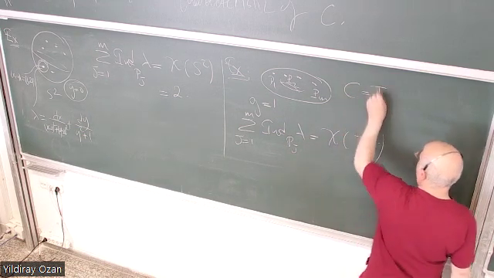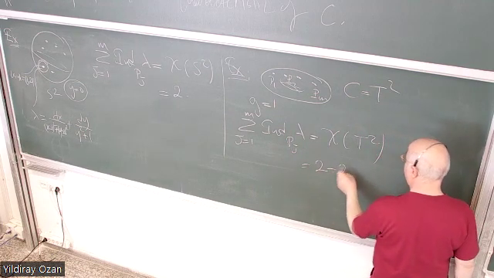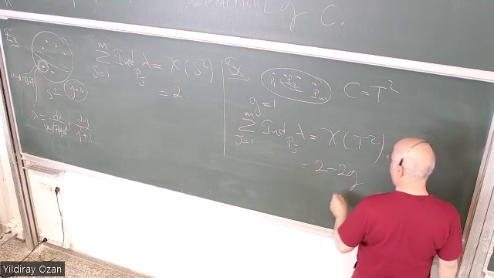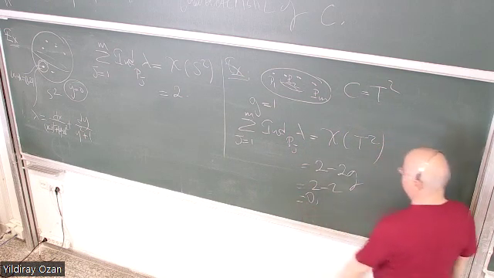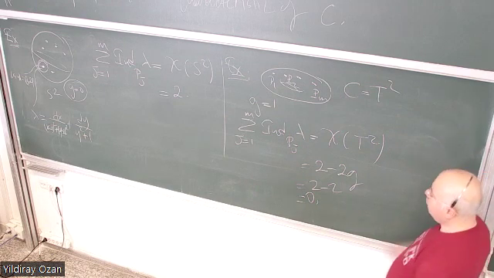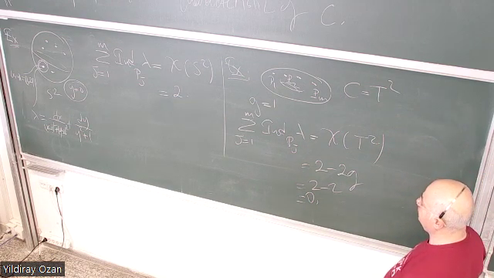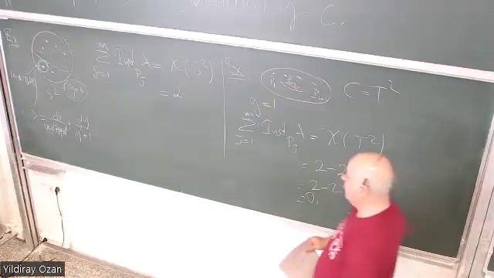So our surface is just the torus. So this is 2 minus 2g. Well, g is just 1, so 2 minus 2, this is 0. And for the other surfaces, if genus is larger than 1, then the index will be negative, right?